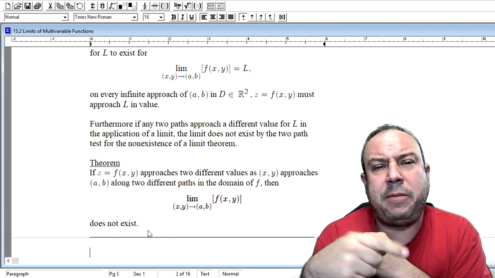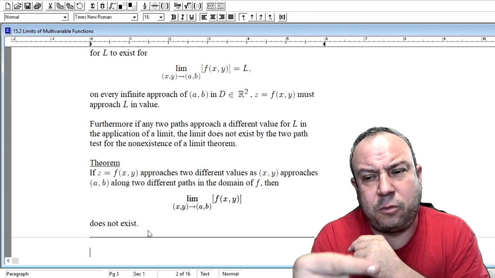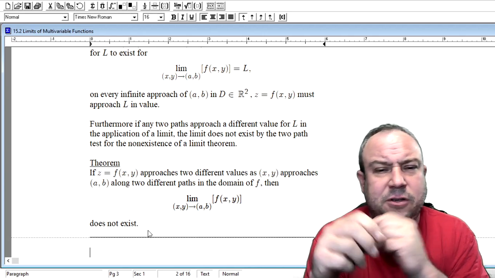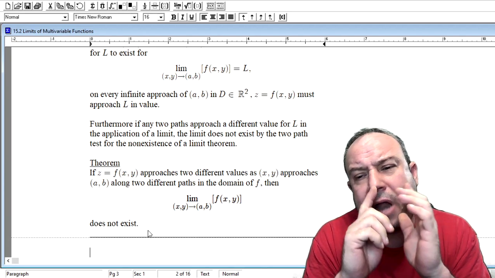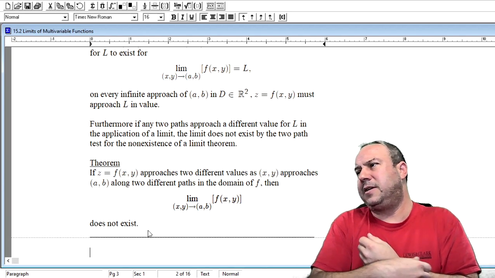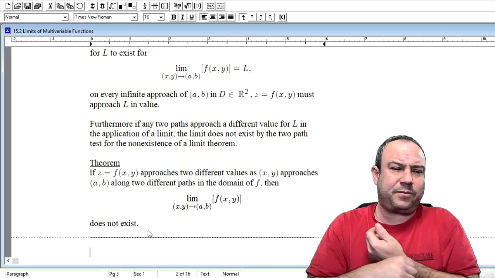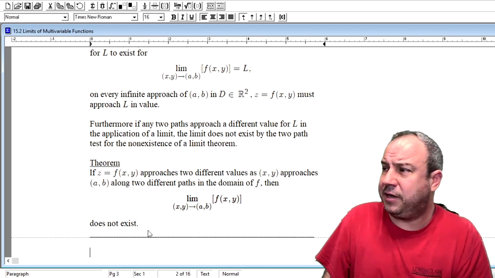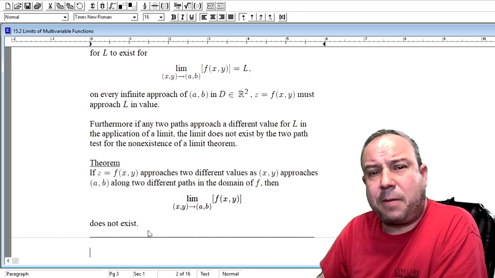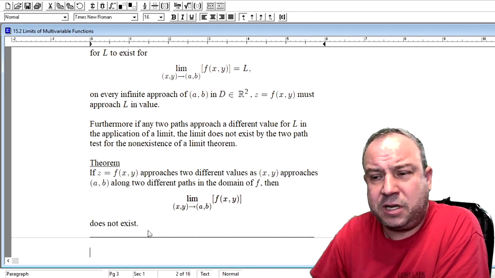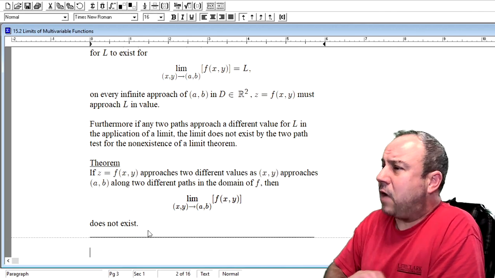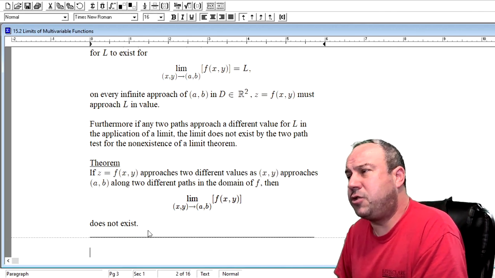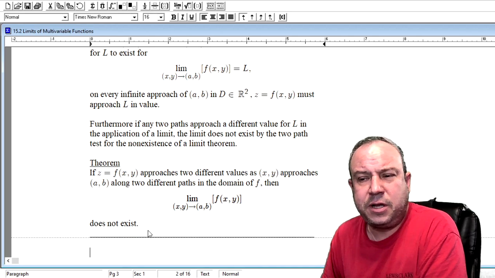Certainly, maybe refining its precision along the way, getting better answers or getting more evidence that this could be the value of the limit. But I will warn you, folks, you have to watch out for inductive reasoning here. Just because you see a couple of cases show you that something is true doesn't mean that it's true always. Graphs do help because they do show you every single infinite approach.